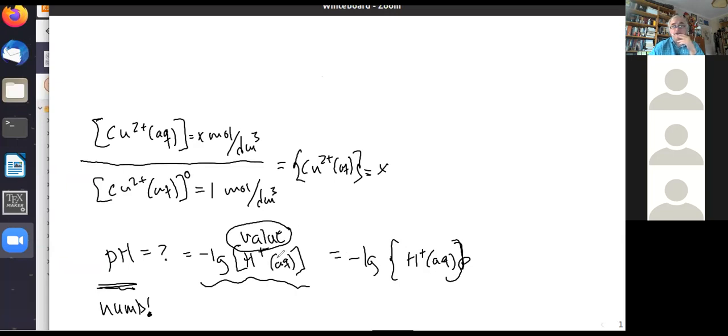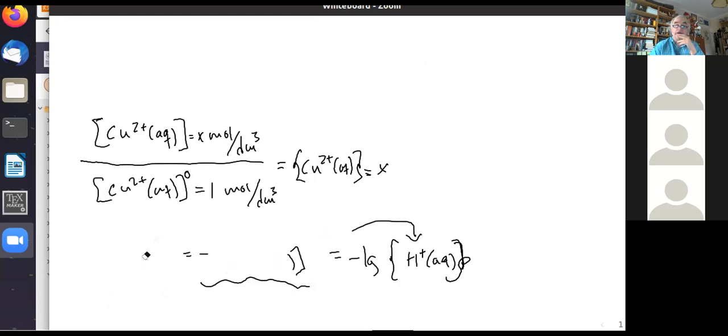Because the value of the concentration in moles per cubic decimeter is the same as the activity of that very thing. And this is valid for any ion, not only the copper ions and hydrogen ions.